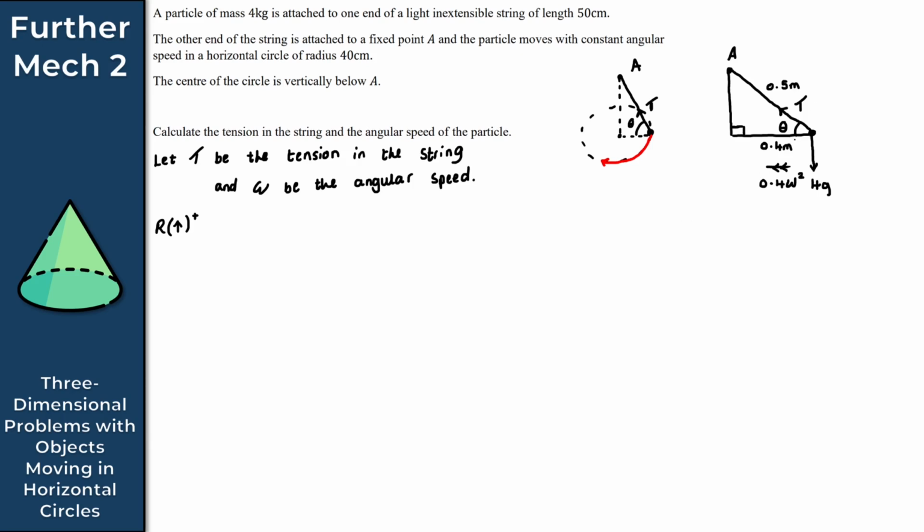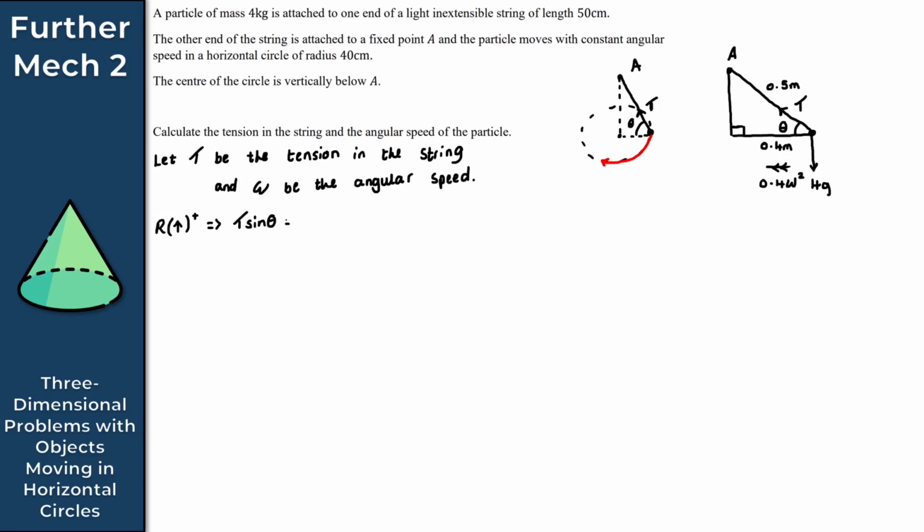So it's T sine of whatever this angle is here. Just as a quick note, if this angle was between the string and the vertical, then this would be T cos theta, right? But in this case, because the angle is between the horizontal and the string, once we resolve into components, we get T sine theta. So the force acting upwards is simply T sine theta.